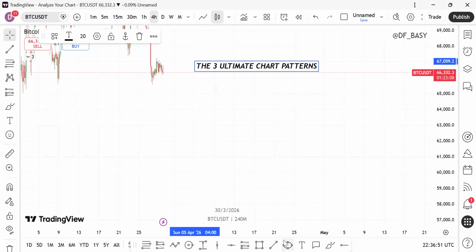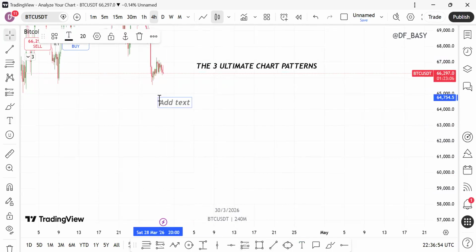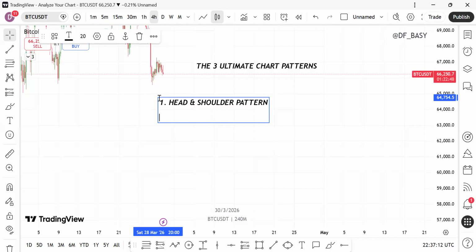So diving in, let me write out the chart patterns. We have the first chart pattern, number one, the head and shoulder pattern. Then we have number two, the double top, slash, double bottom.